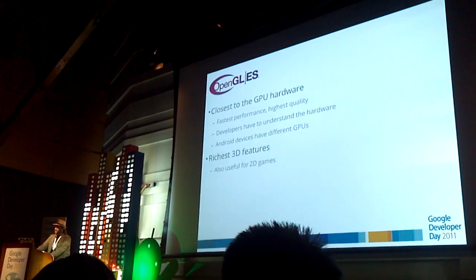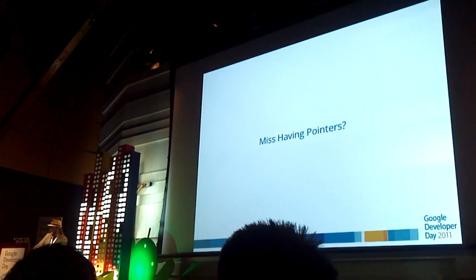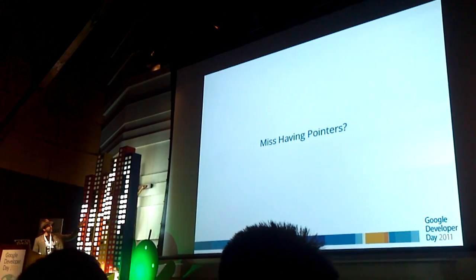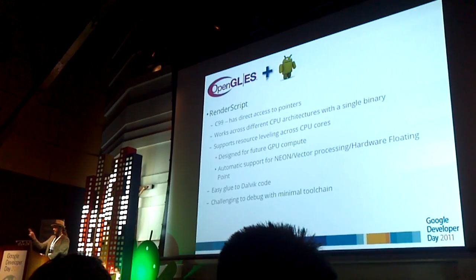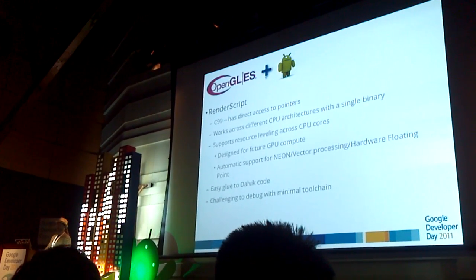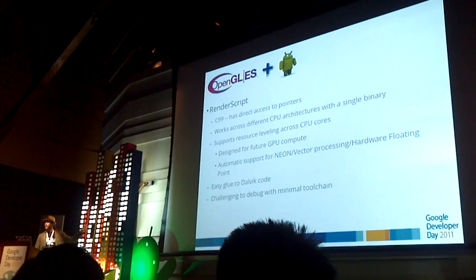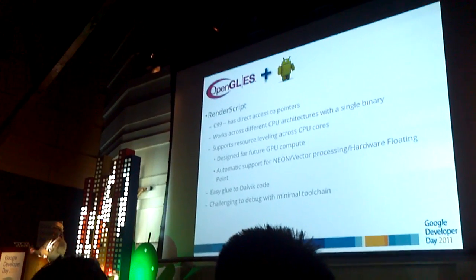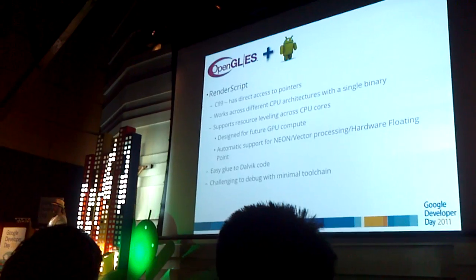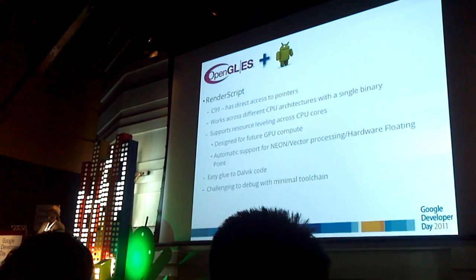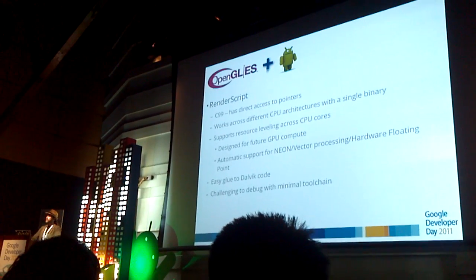Now, if you miss having pointers, no matter, you might want to use RenderScript. You bet you thought I was going to say NDK there, but no. RenderScript is actually really cool because it gives you access to pointers, and a whole structure for doing fast 3D graphics across different CPU types.